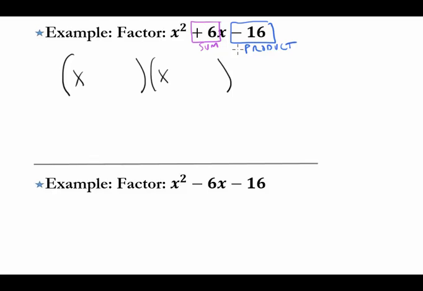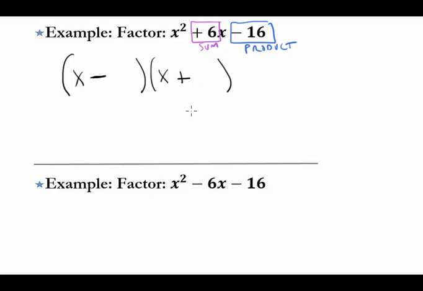Since the product is a negative number, I know that my answer is going to have a negative and a positive, because that's the only way when I multiply them to get a negative number. Since the sum is a positive number, the coefficient is plus 6, I know that the positive number is going to be the larger number.